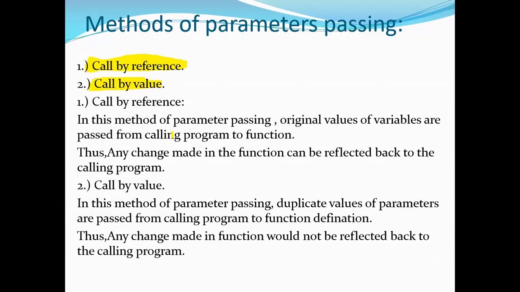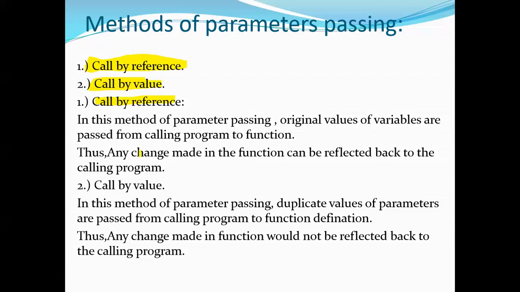When you use call by reference, in this method of parameter passing, the original values of variables are passed from the calling program to the function. Here, from the main program to the subprogram, we are passing the same original values itself.